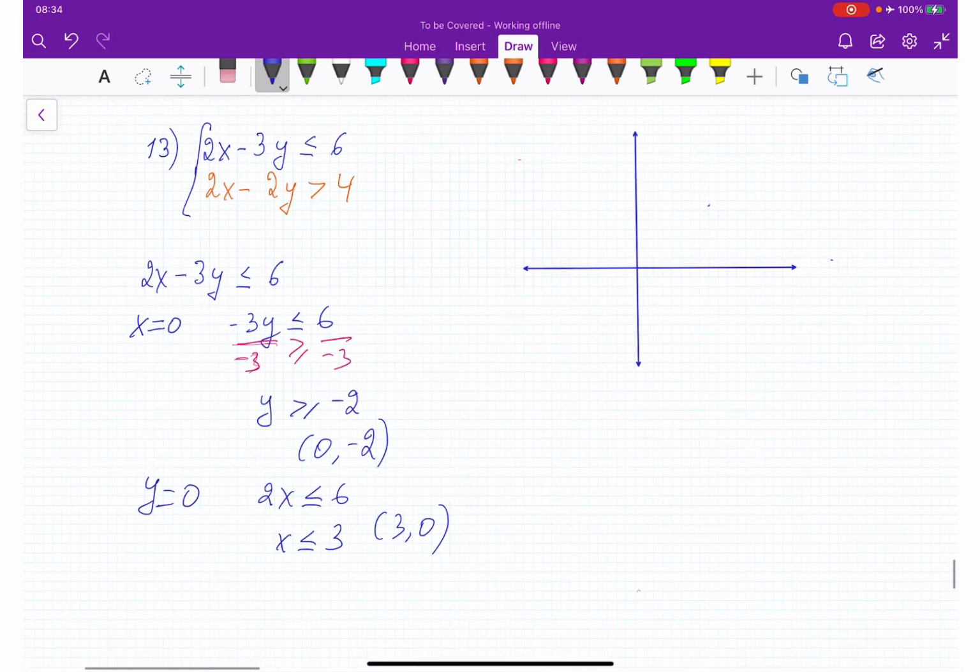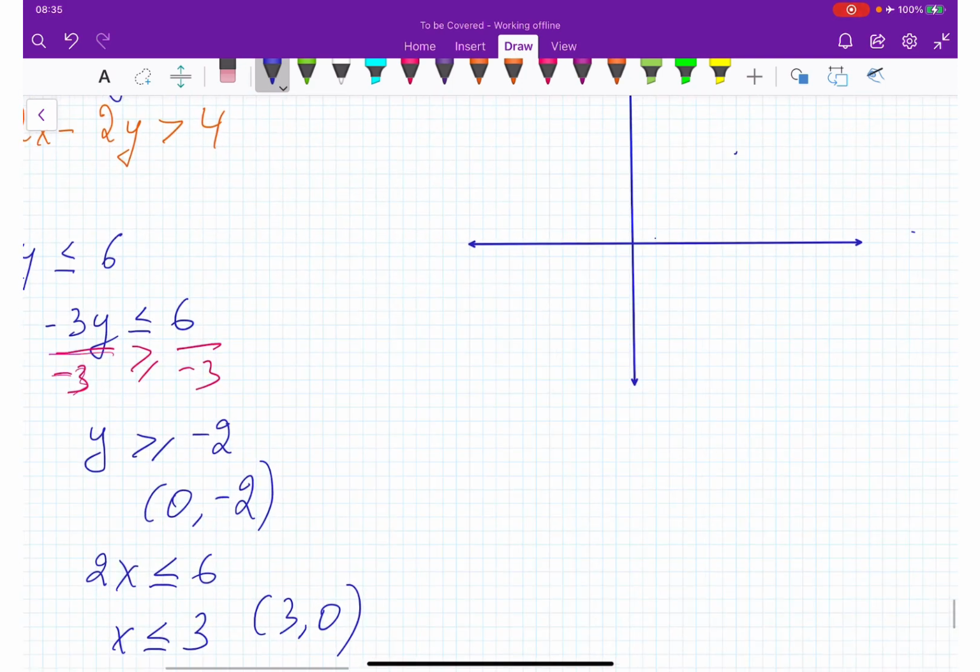Let's build this. What are we going to have? 1, 2, 3, 4, 5. Enough. 1, 2, 3. I realized that 3 is also enough. Looking at the system, the first intercept is going to be 0, negative 2.